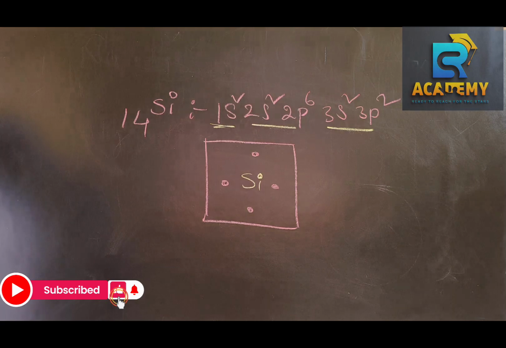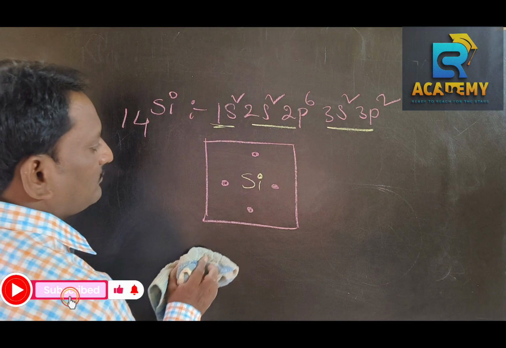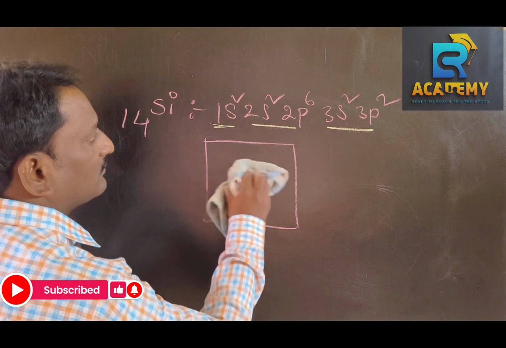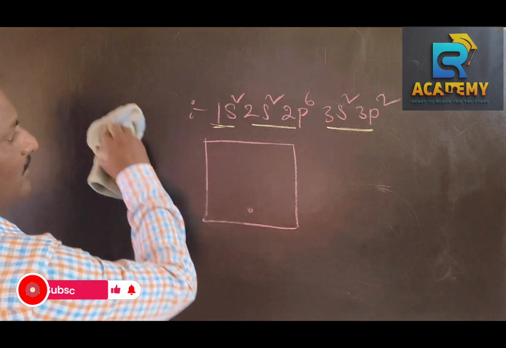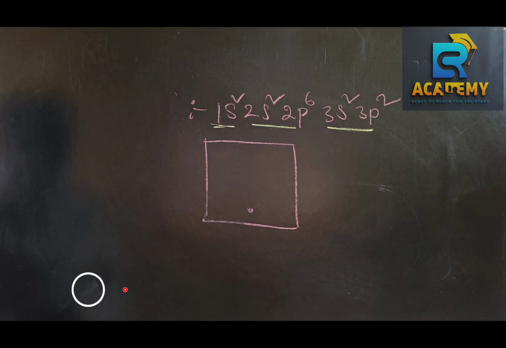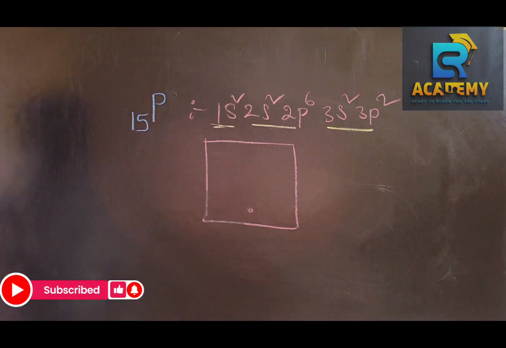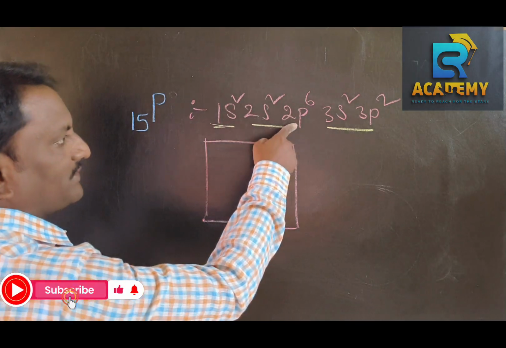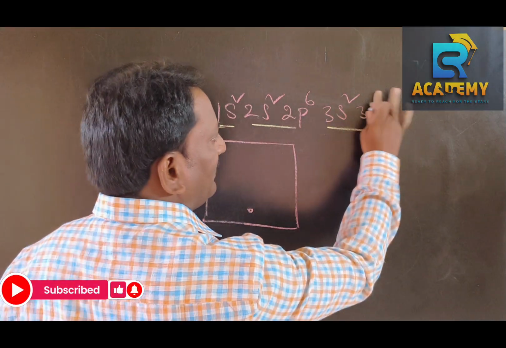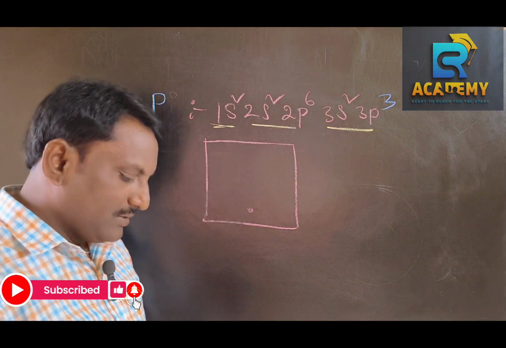Next, phosphorus. Phosphorus atomic number 15. Electronic configuration 1s2, 2s2, 2p6, 3s2, 3p3. 5 valence electrons.